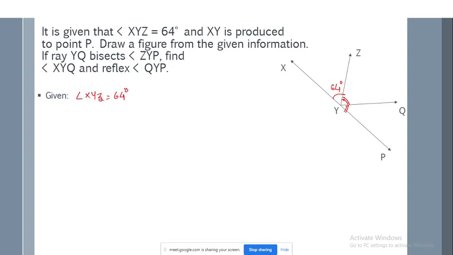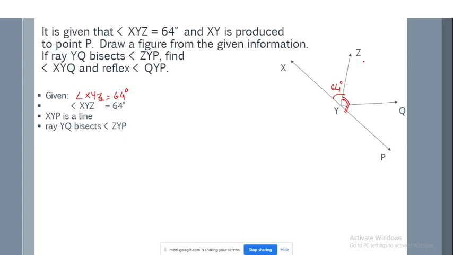Then XY is produced to a point P. That means XYP is a line, right? Yes, ma'am. Then you have already drawn the figure. Then we are given that ray YQ bisects angle ZYP.